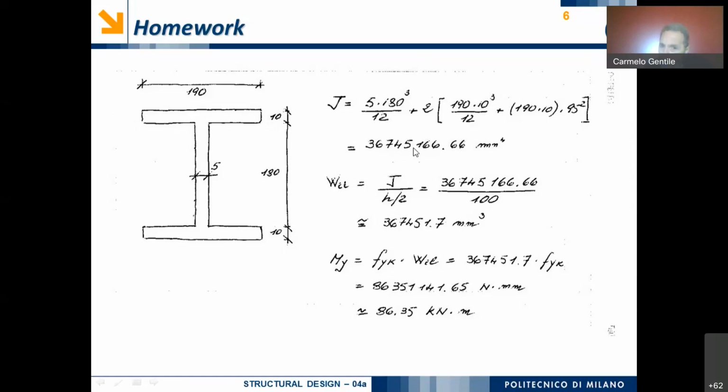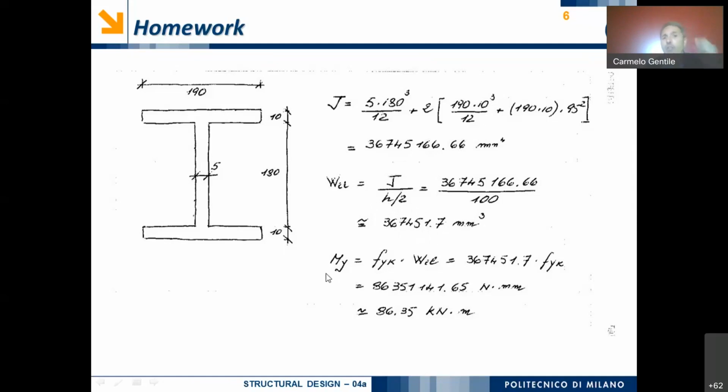Afterwards, this value should be divided by half the height of this beam in order to obtain WL. And in order to obtain WL, I have this value, okay? 367,451.7 cubic millimeters.